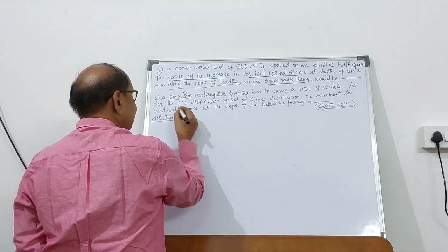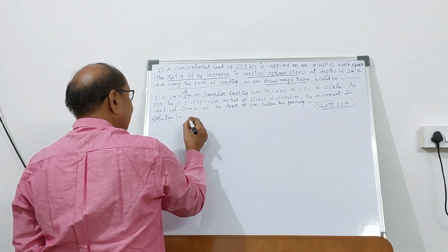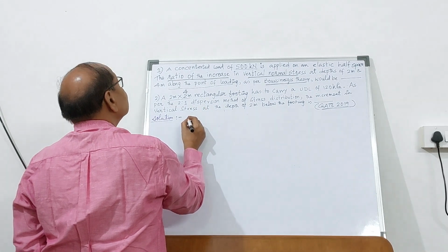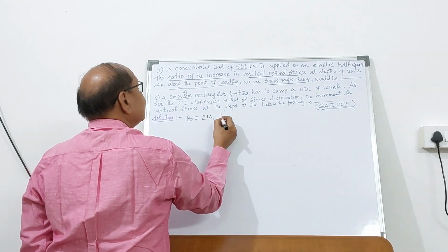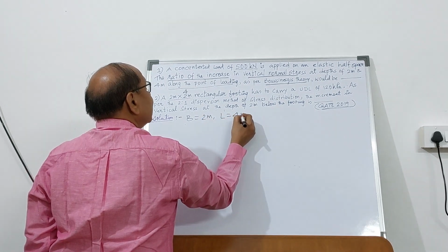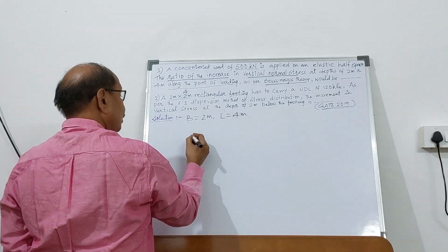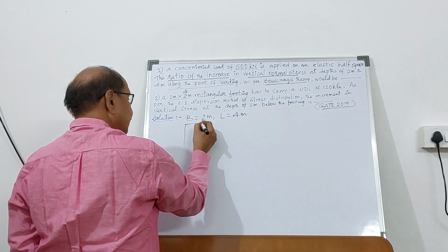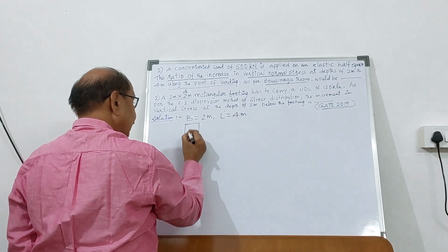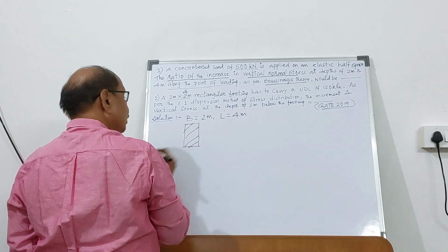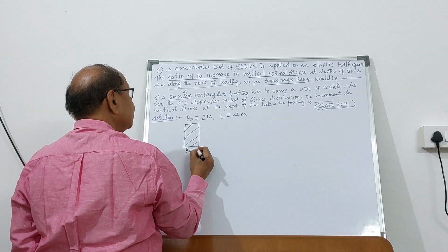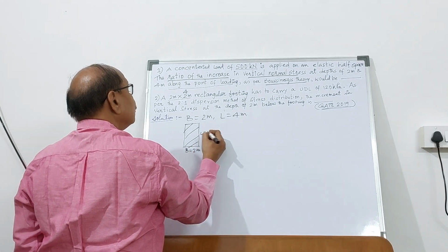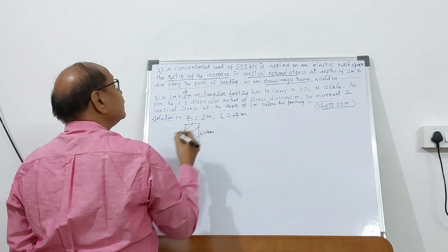So here the size of the footing, rectangular footing, is given to us. The width of the footing is 2 meter and the length of the footing is given to you as 4 meter. So if you have a rectangular footing, this footing is uniformly loaded. This is B equal to 2 meter and length L equal to 4 meter.